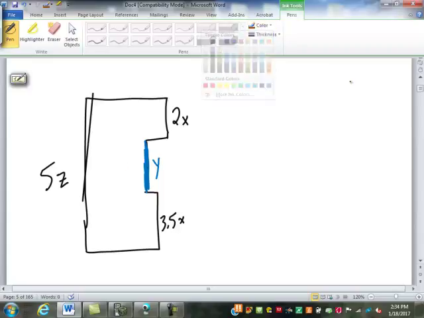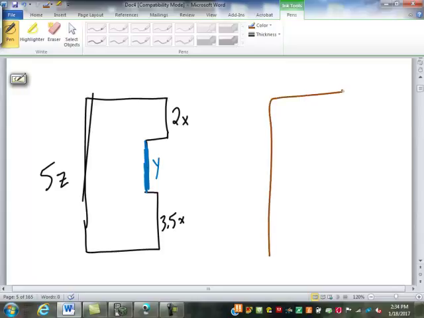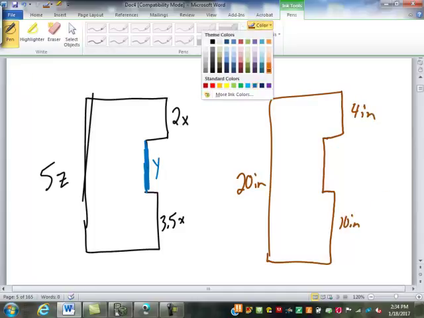Well, again, we can think of it like there's numbers there. So let's say this is 20 inches, 4 inches, and 10 inches. How would I find this dimension?